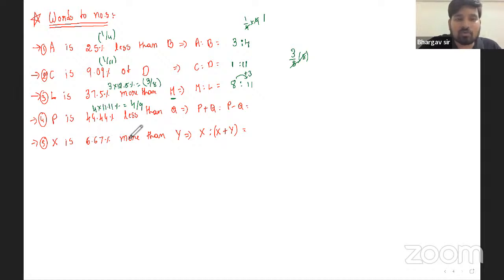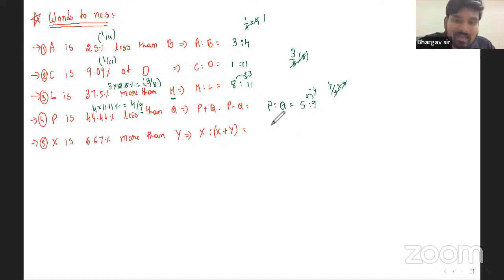So P is 4 by 9 less than Q. डिनोमिनेटर में 9 है, Q मेरा रेफरेंस है। पहले मुझे P is to Q find करना है, Q को 9 देता हूं। अभी 44.44% which is 4/9, 4/9 of 9 will be 4. 4 यहां नहीं आता है, less होना चाहिए, इससे 4 less होना चाहिए, तो 5/9 आता है, राइट। Sorry Harshil, 37.5 was not really visible, it's okay. So P is to Q is equal to 5:9.